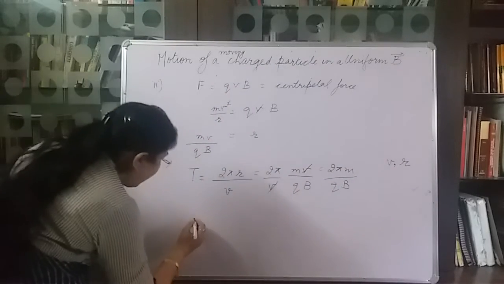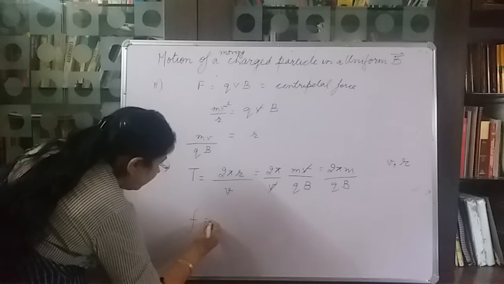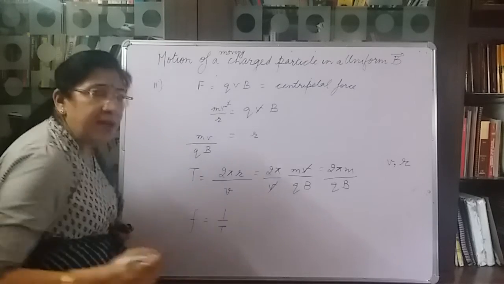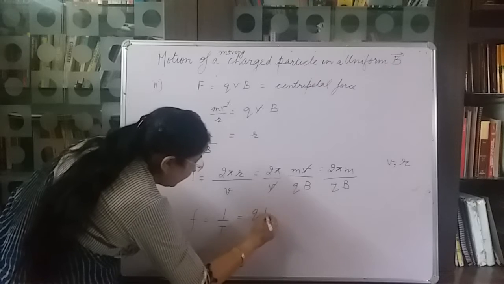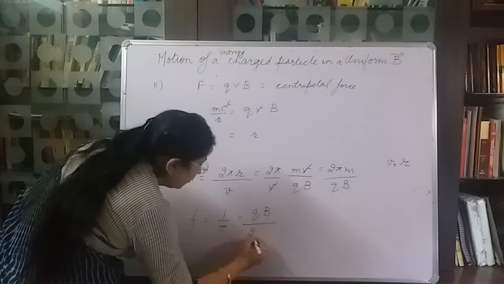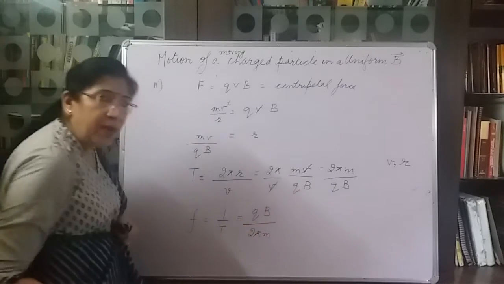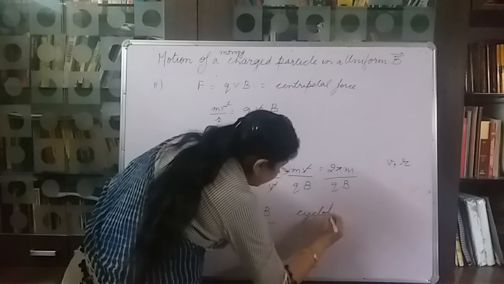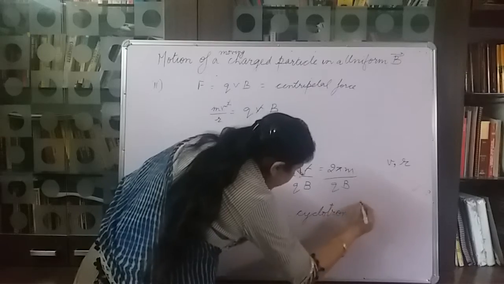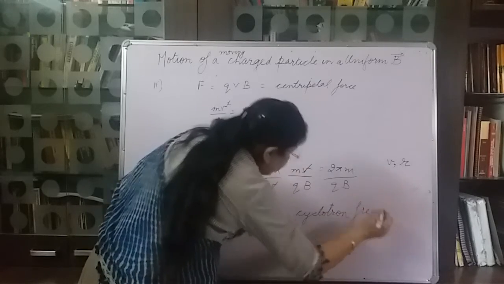Similarly, we can also find the frequency. The frequency is given by the reciprocal of the time period. This frequency is also called the cyclotron frequency.